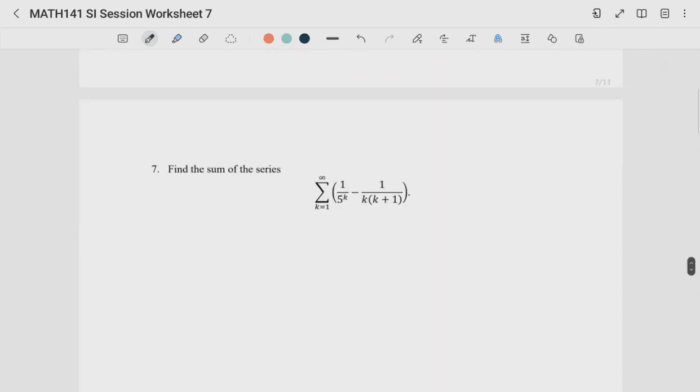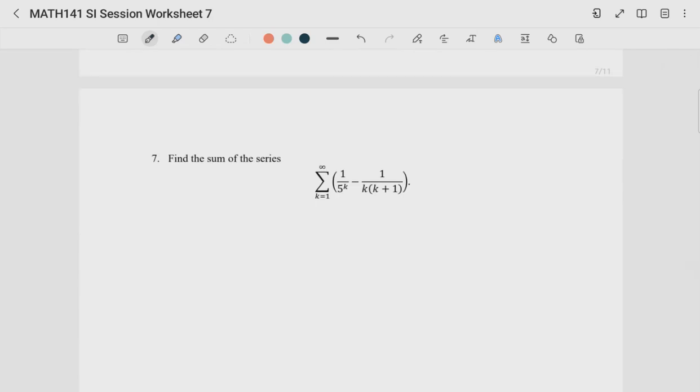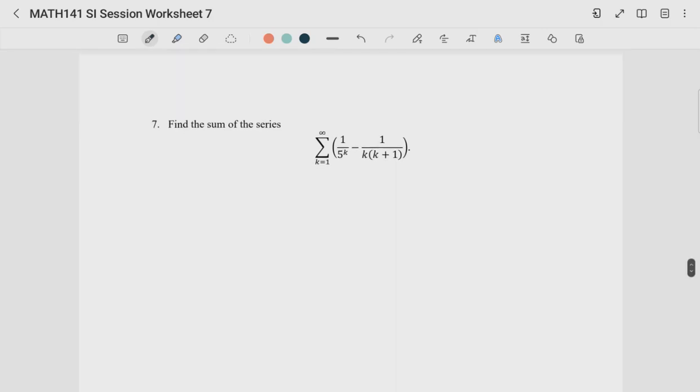we are given a series in the summation form, and we are asked to find the sum of the series. Well, how do we do that? Well, first we need to separate this into 2 series.